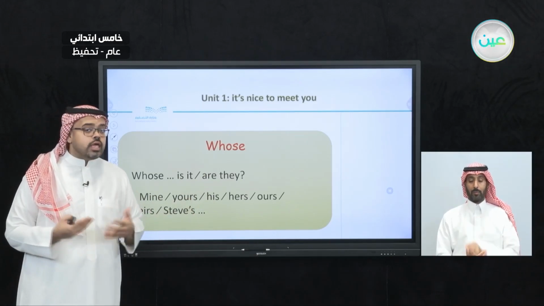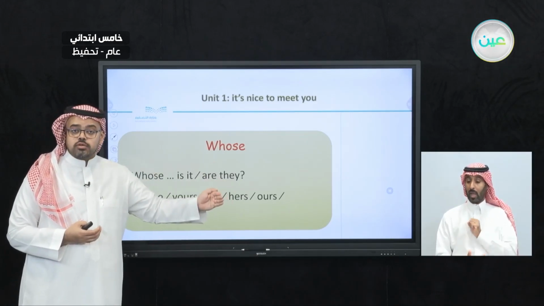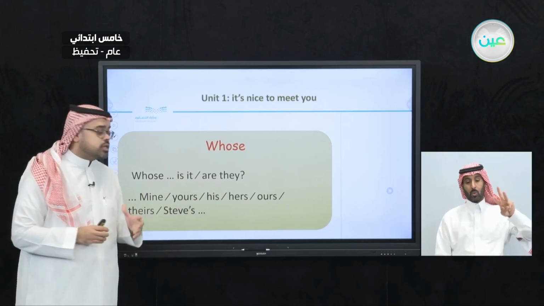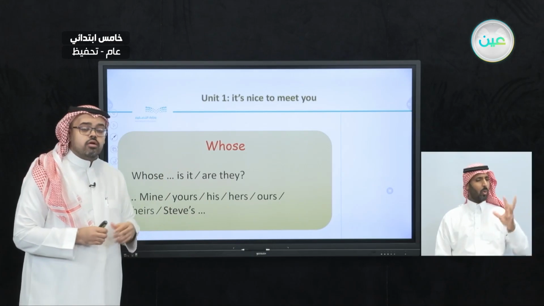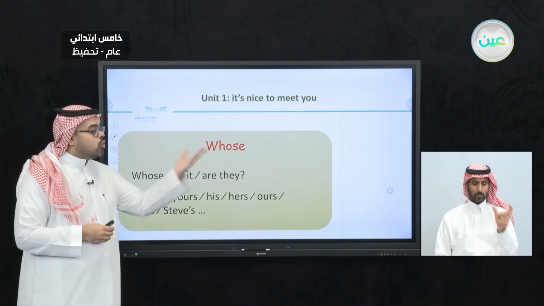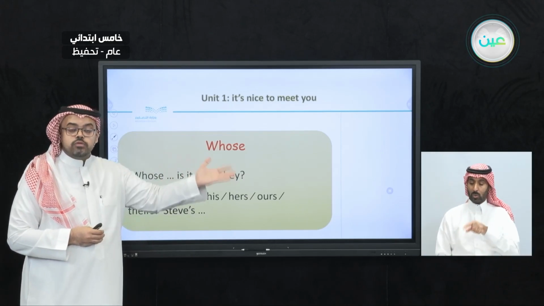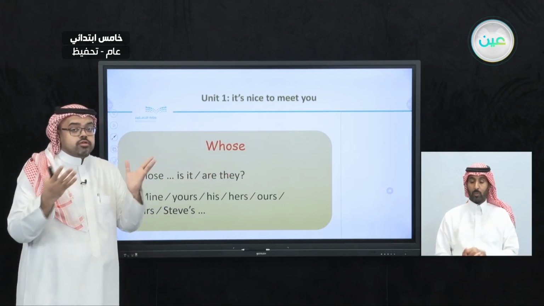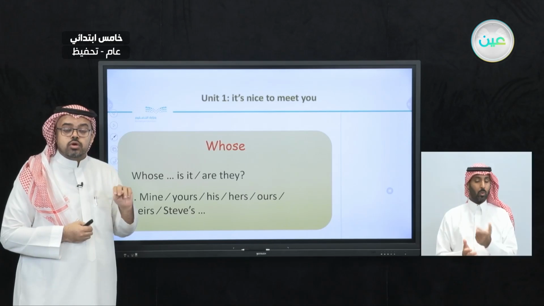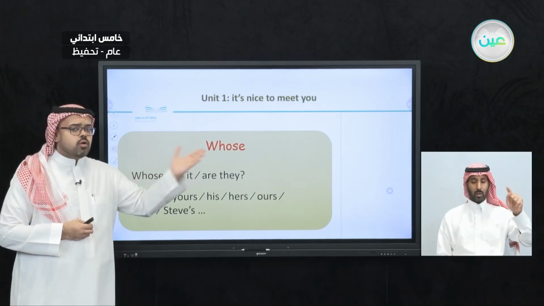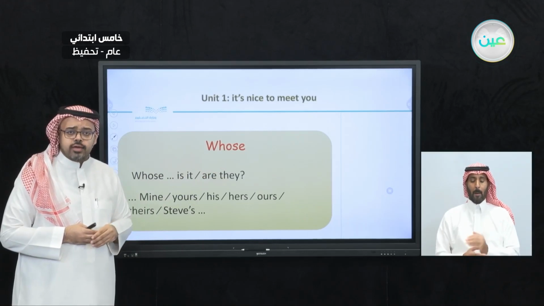Also, if we have different objects, in this case we don't use is it, but we use are they. For example, whose shoes are they? We have, for example, two pairs of shoes. We would say, whose shoes are they?